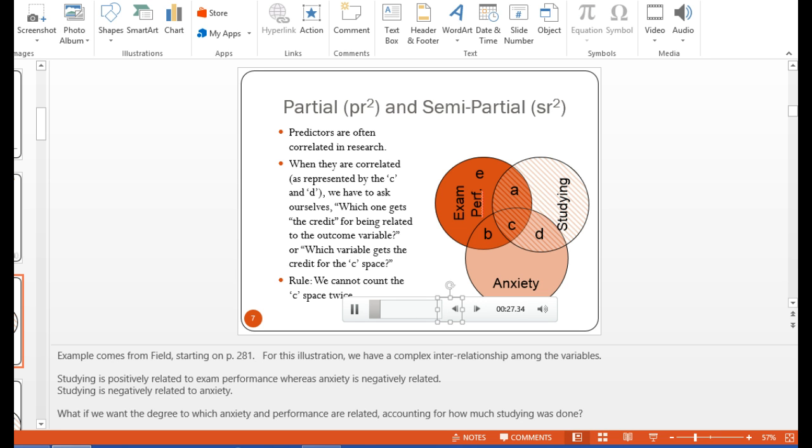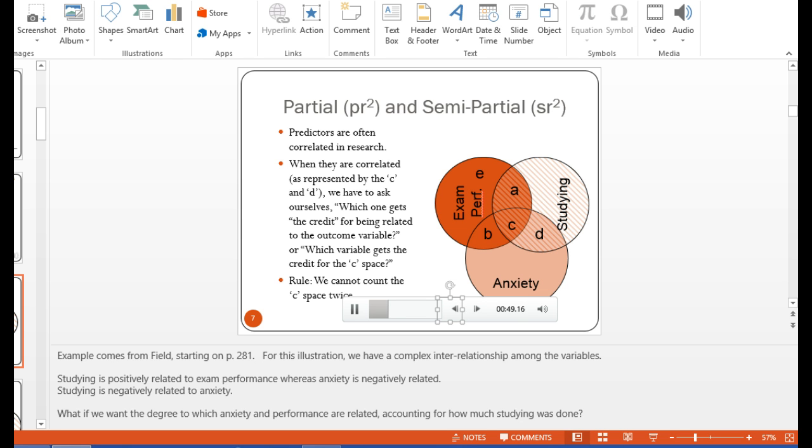The A and the B portions are the unique variance that is attributable to studying and anxiety respectively. So those are of interest usually to us, and remember, they get smaller as the two predictors become more overlapping.